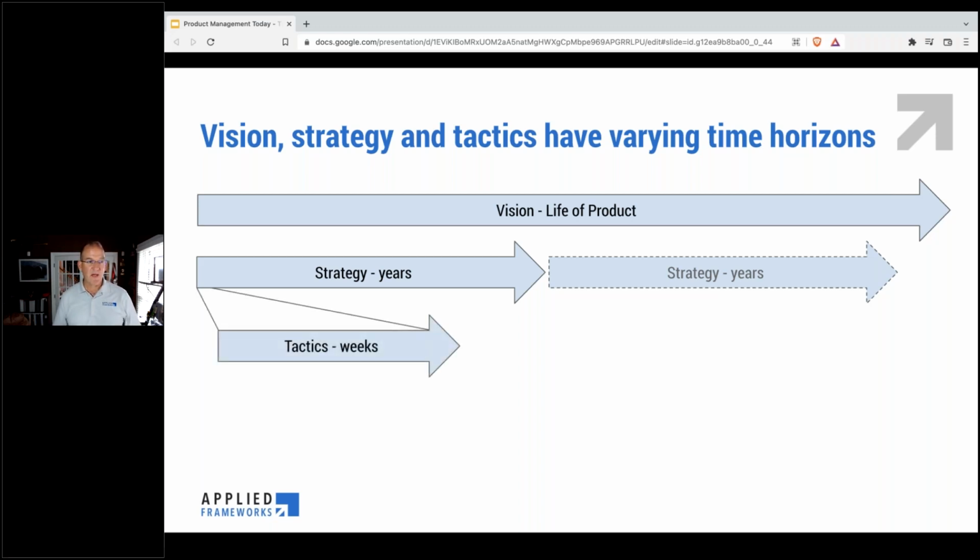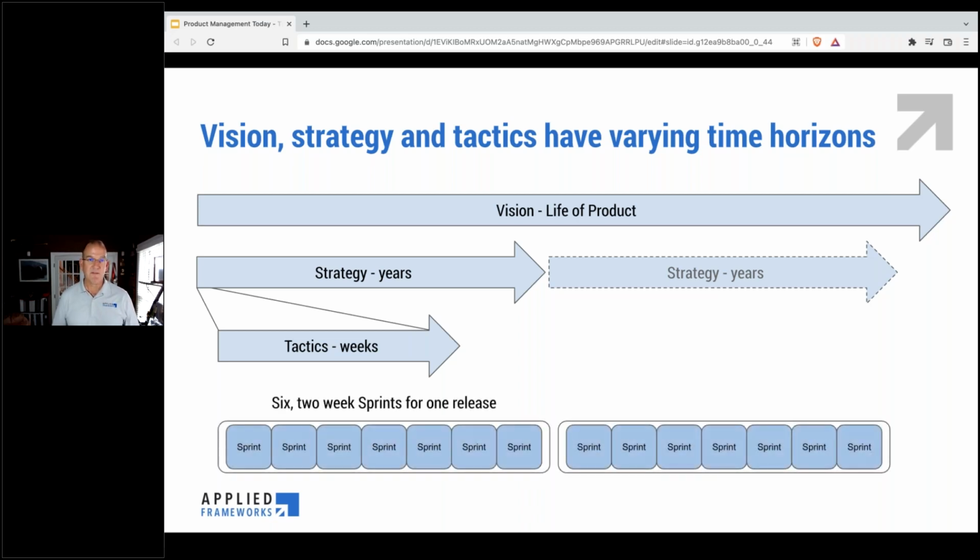Next is tactics, and tactics we break down into weeks or even months. Tactics are the detailed execution of the strategy. From my background in thinking about Scrum within the Agile framework, I may think about the tactics of my sprint execution. What am I planning to accomplish each sprint, leading up to a larger release objective that's again in support of the strategy?